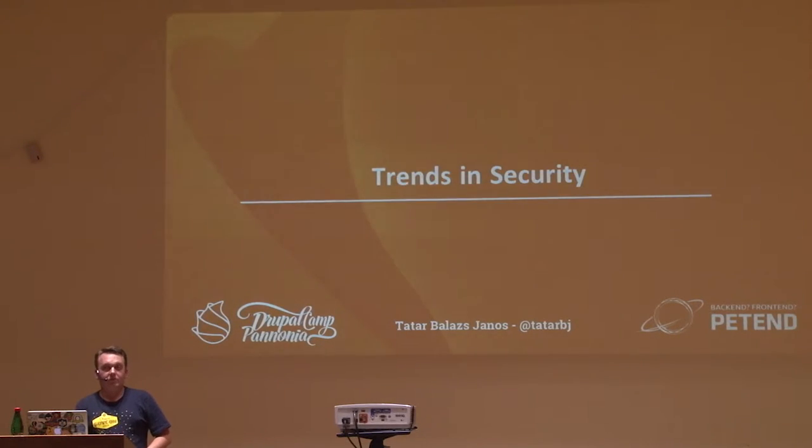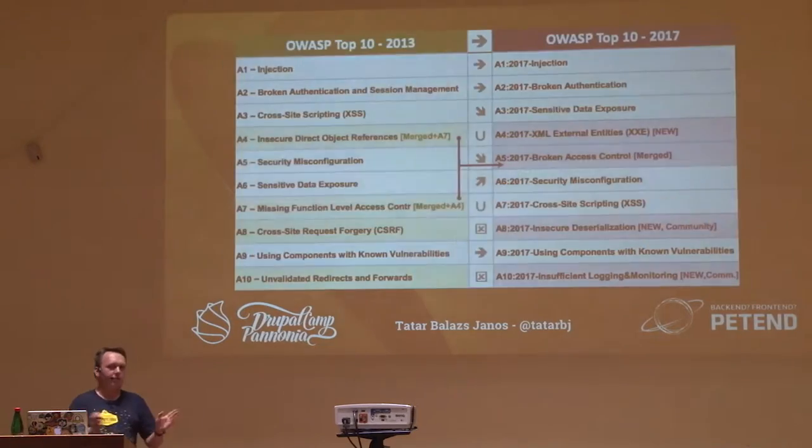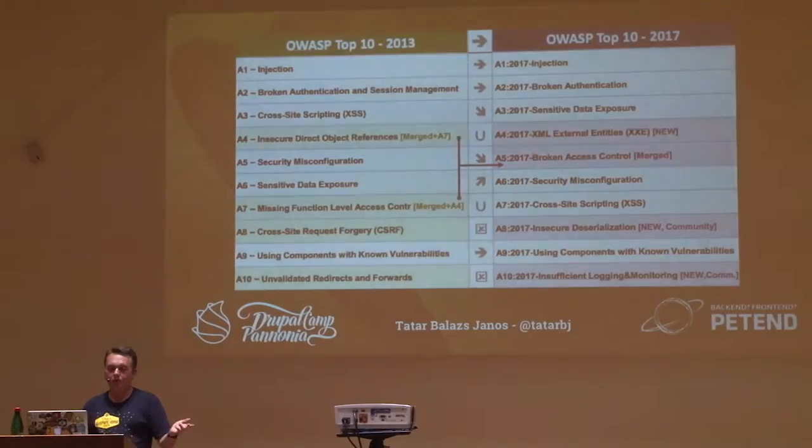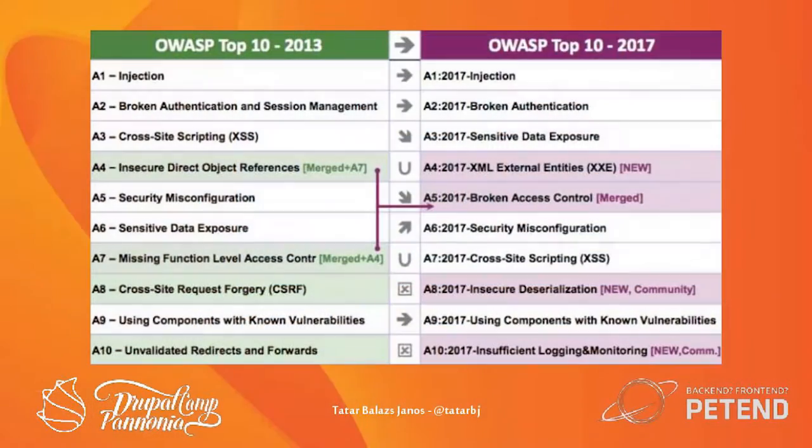Let's talk about some trends, but globally. There is OWASP, the Open Web Application Security Project, which from time to time releases a list of mainly the top 10 most advanced and most used vulnerability types.